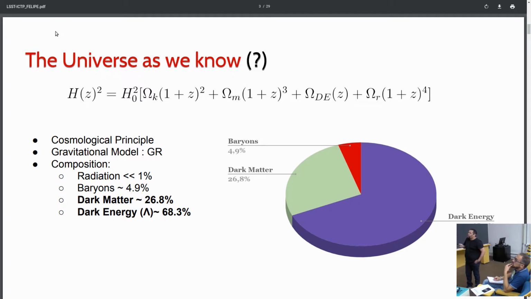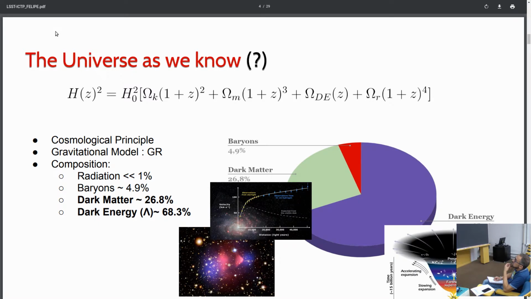And also we have the dark matter, whose first evidence was in the middle of the 20th century, and the dark energy. So here is some of the evidence of the dark matter. We don't know exactly what the cold dark matter or the dark matter at all is, but we have good evidence that it exists.